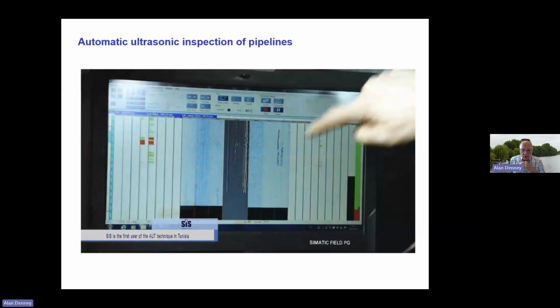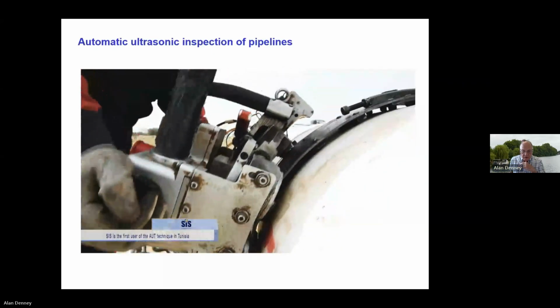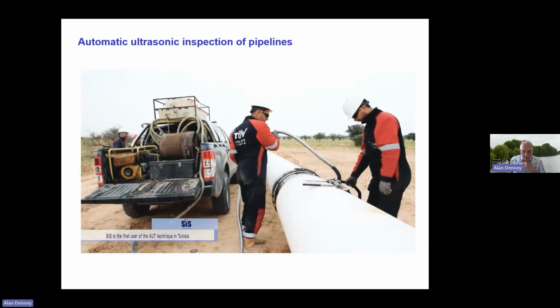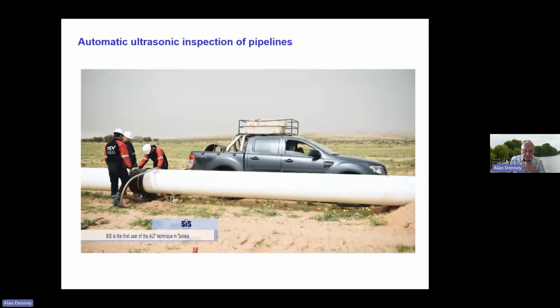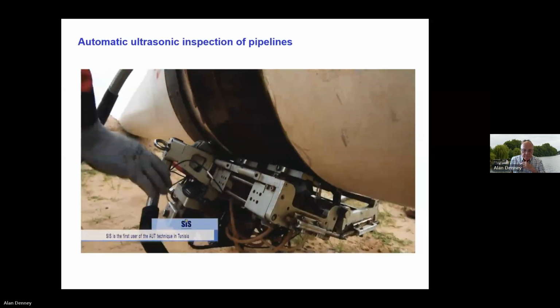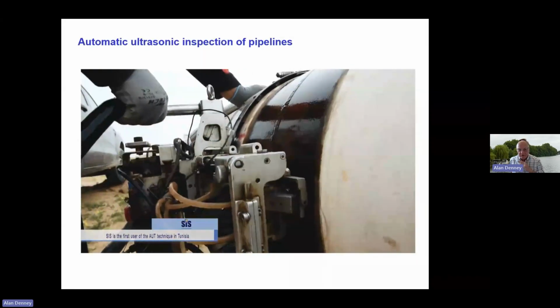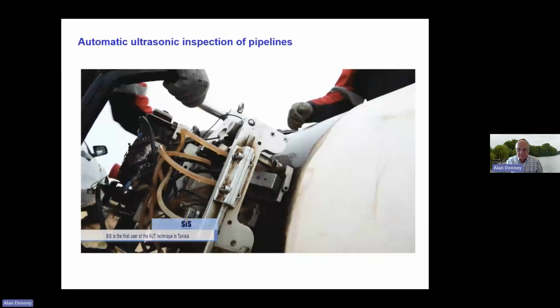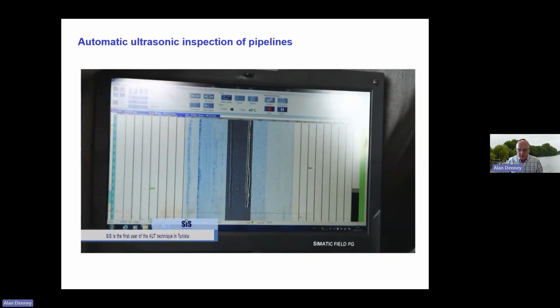pretty quickly. And then in the van there, the interpreter is seeing the indications that are coming up. So it does the 360 degrees. You can see the couplant on there.